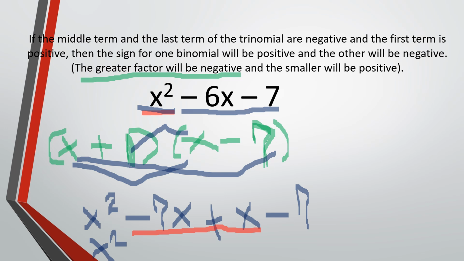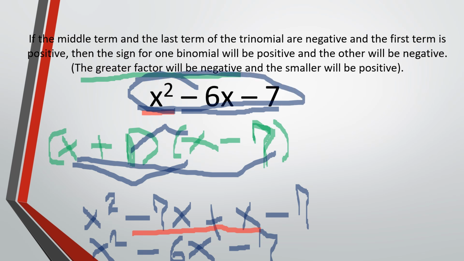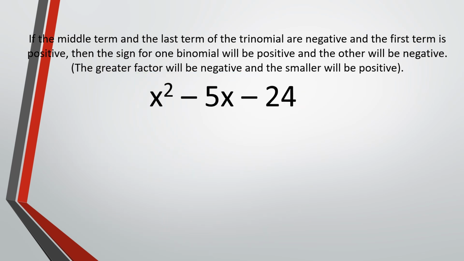Then the result is negative 6x. And then you bring down negative 7. That means x plus 1 and x minus 7 are the factors of this expression. Alright, now let's have this.